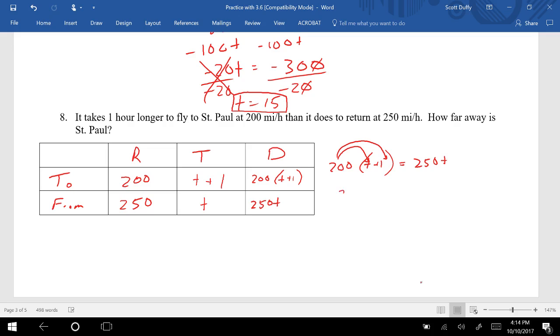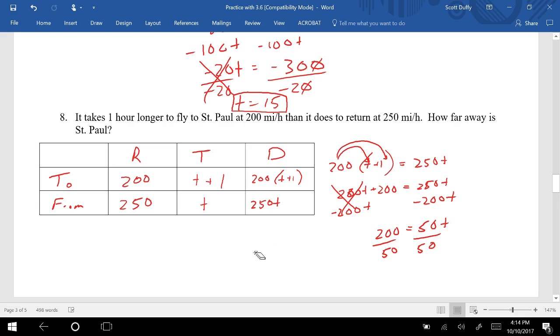So we have 200 t plus 200 equals 250 t. I'm going to subtract 200 t from both sides. So I have these crossing off. 200 equals 50 t. Divide by the number in front of the variable, and I get t.